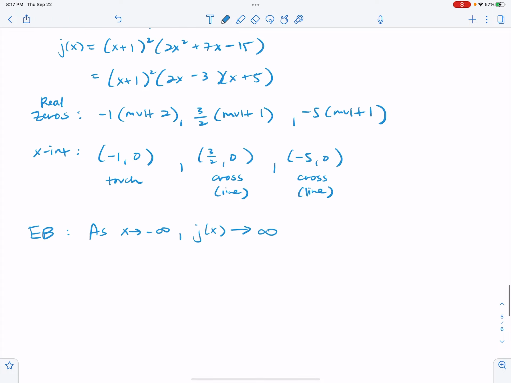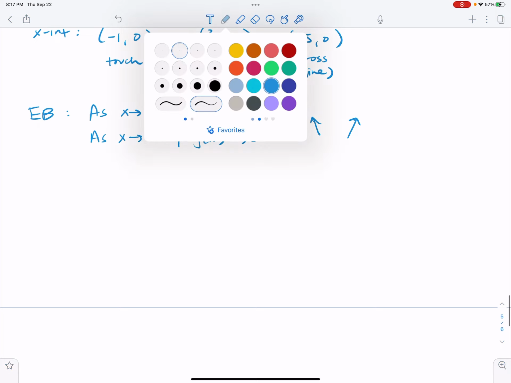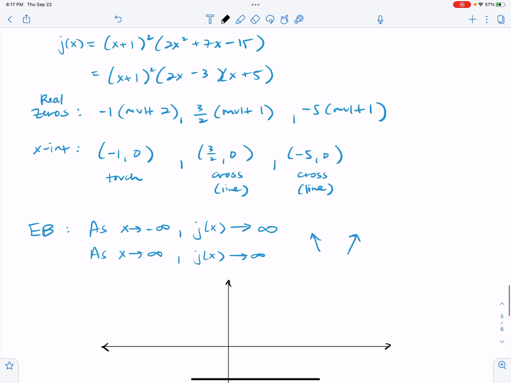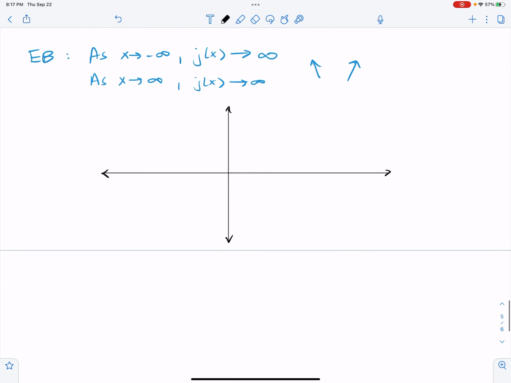So we'll approach positive infinity, and then same thing as x approaches positive infinity, j of x will also approach positive infinity, right? So both ends up. -15 is the y-intercept.